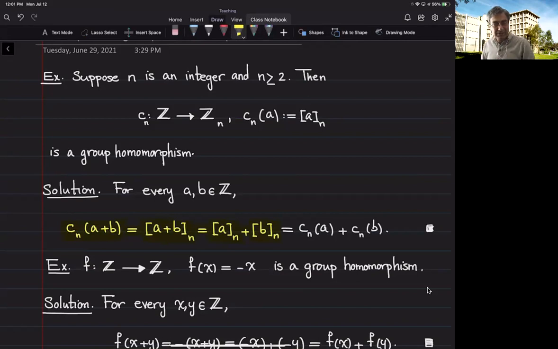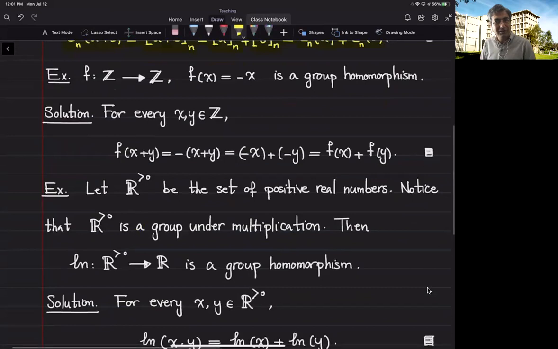That's the addition on the set of integers modulo n. The way that we define C sub n, the first term in the summation is precisely C sub n of a, and the second term is C sub n of b, which means C sub n preserves addition. So it is a group homomorphism.